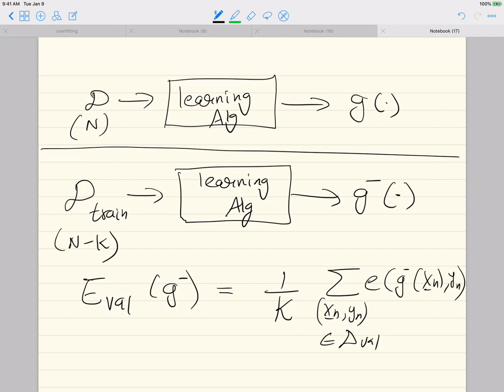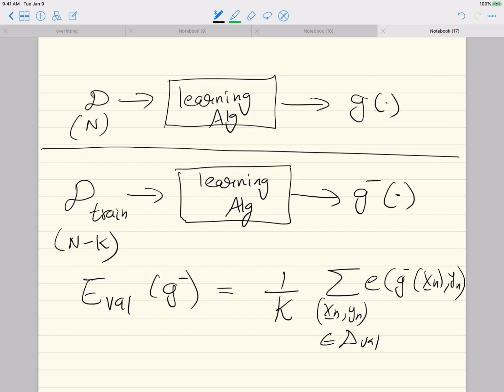So we compute the error on the validation set. We take all K data points in Dval, average with K, the size of the validation set, and compute the loss on each of the points. Now the validation set was never used for training, so it's a clean set. There's not going to be any bias in this error.